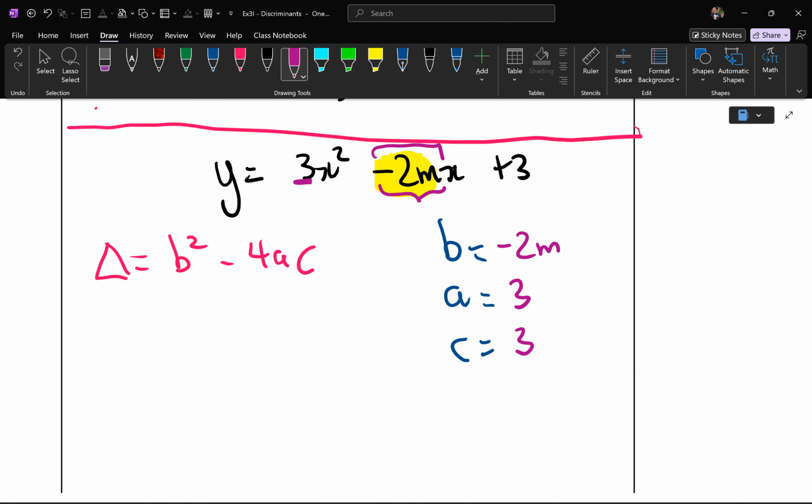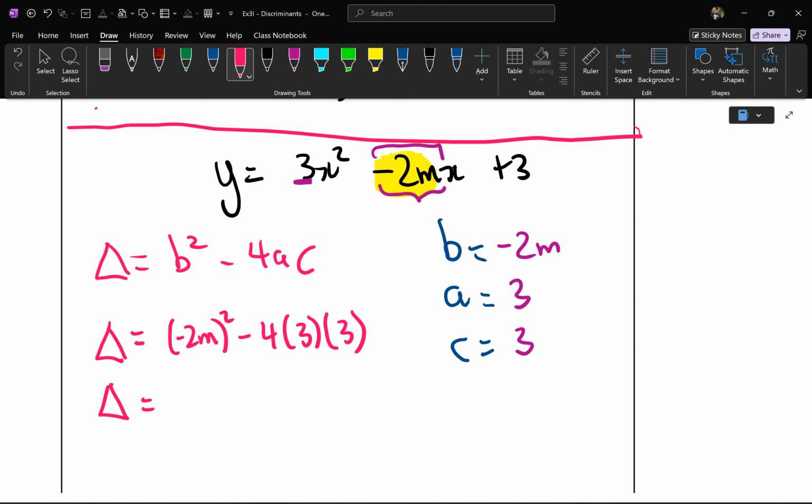Now, if I were to find the discriminant, it's not going to give me a value, because we don't know what m is, but that's okay. We're going to study that. This whole exercise is to study this function. So here we go. We've got B, which is negative 2m, squared, minus 4 times A, which you told me was 3, times C, which was 3.